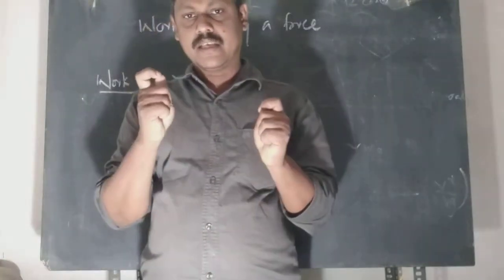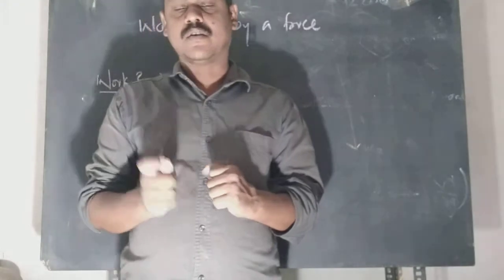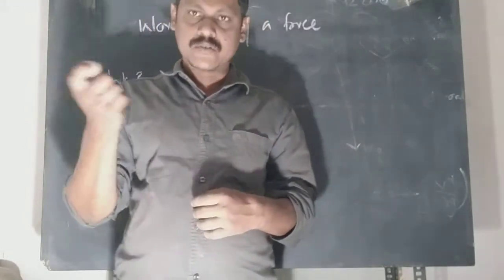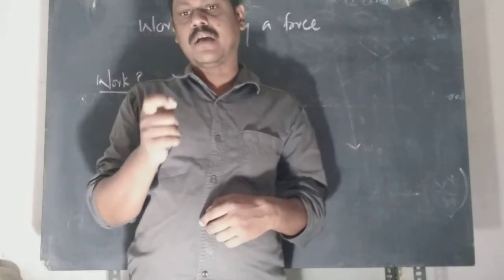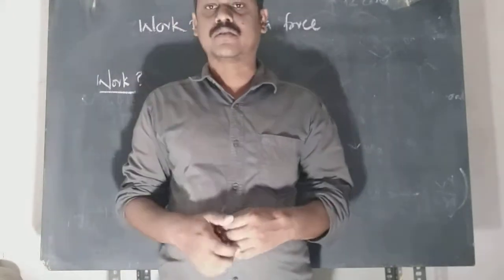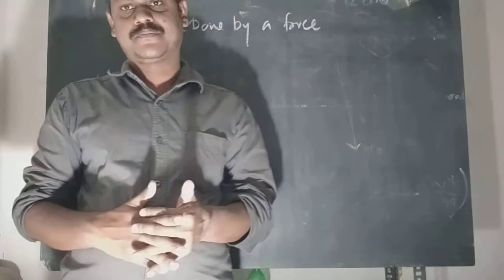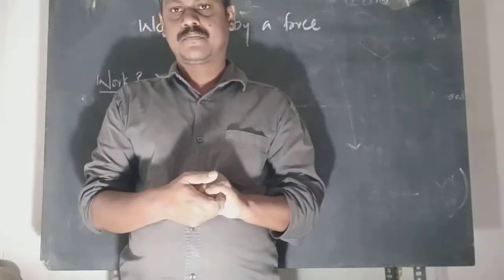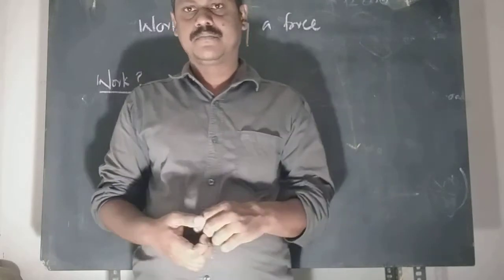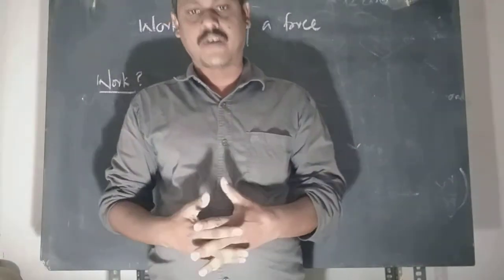So work is said to be done only when force is applied and the body moves through some amount of distance in the direction of that force applied. Okay, so pushing a car, drawing a table, these all are physical work.